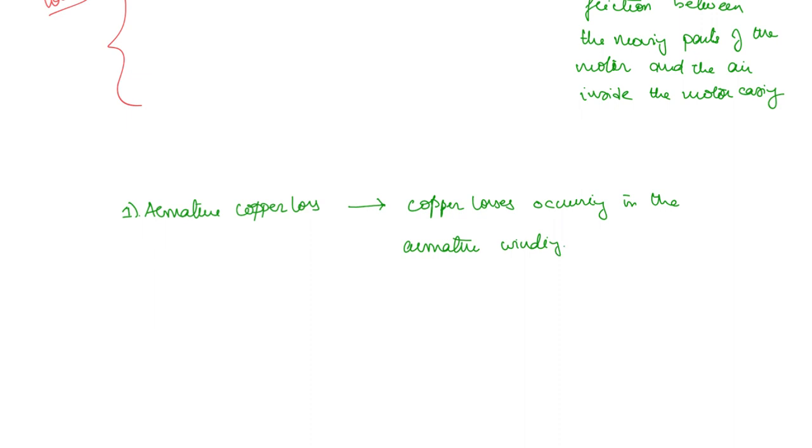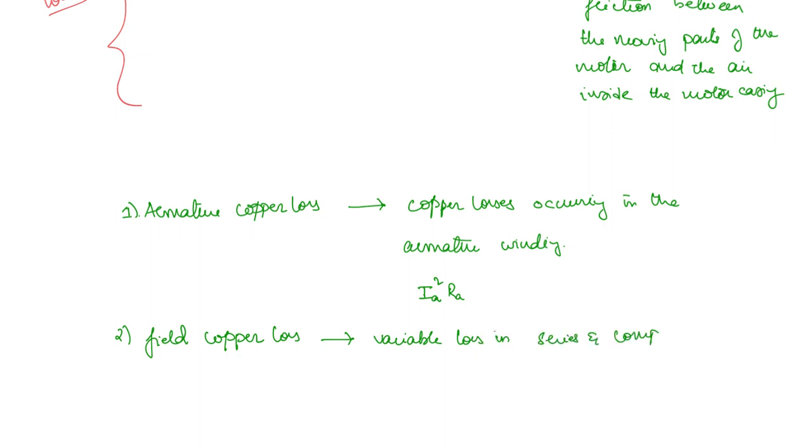So what will be the expression for this? IA square into RA, the resistance of the armature. The next one is the field copper loss. This is considered a variable loss in case of series and compound motor. But in a shunt motor, the field current is more or less constant.